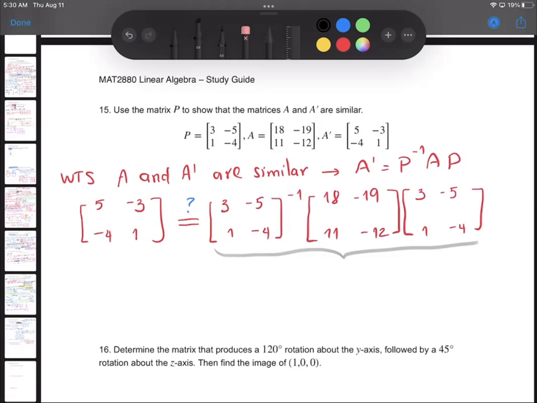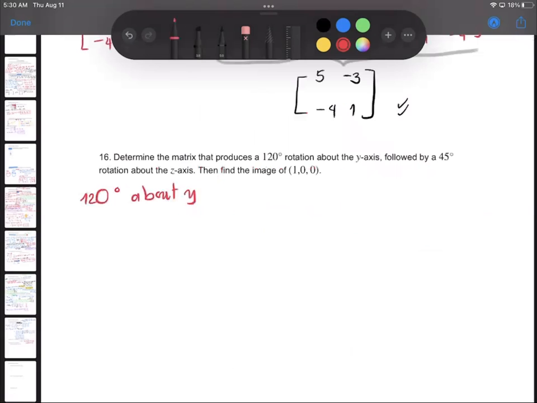Number 16, the last one. Determine the matrix that produces a 120 rotation about the y-axis. So let's see, we have 120 degrees about y. And then we have a 45 degree rotation about the z direction. So this is my Ry, and this is my Rz, right? And we know the formula R equals Rz times Ry.